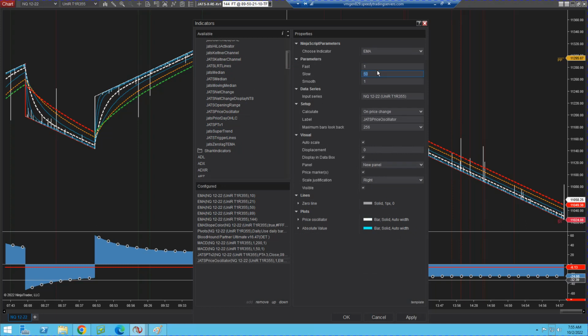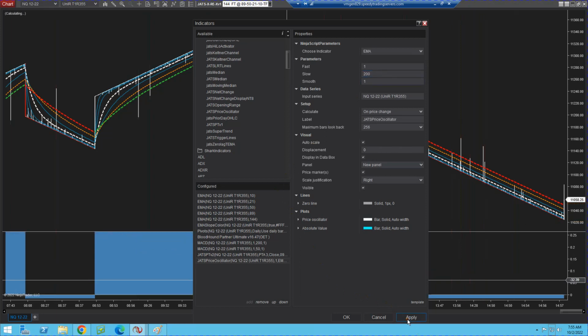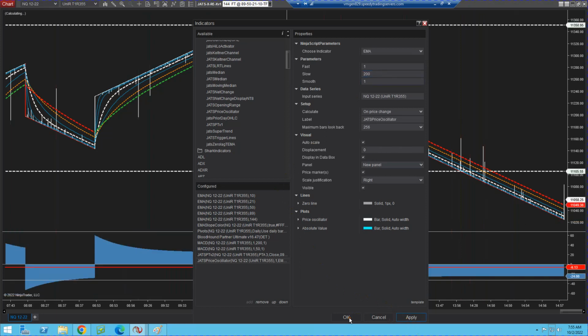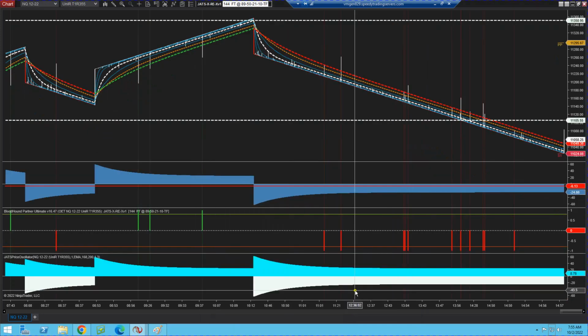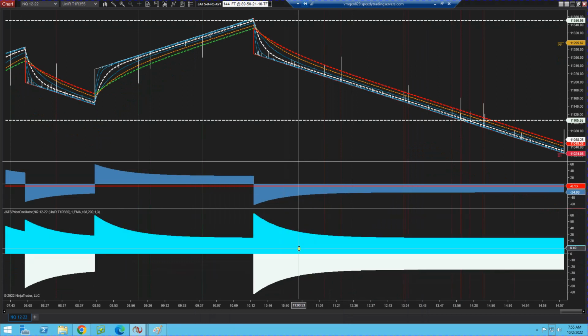So if I put it at 1/201, I could know where I am above and below the 200 EMA. Here it is down here. And the reason I have an absolute function on it is so I get the opposite. So here we're going lower. It's the bottom oscillator.